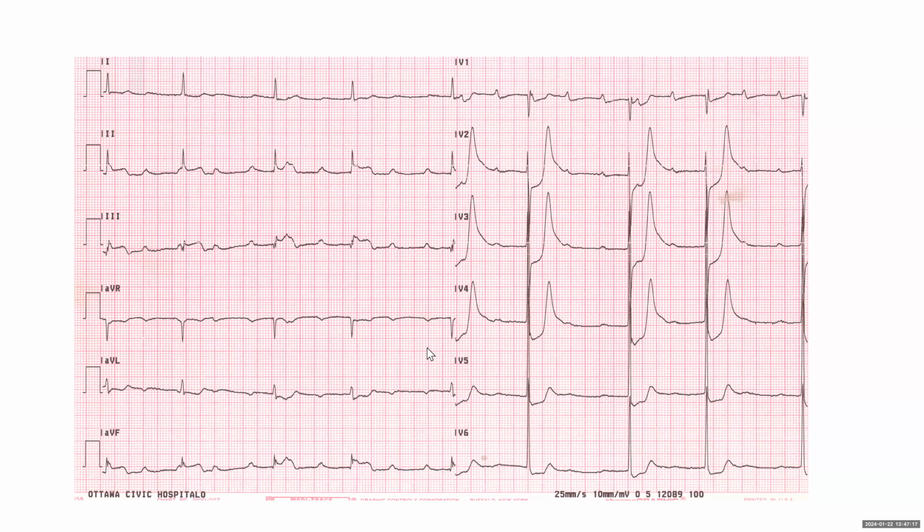Okay, good. Any questions? Is there LVH? Probably not. In V2, I don't think it goes to 35. So probably no LVH.